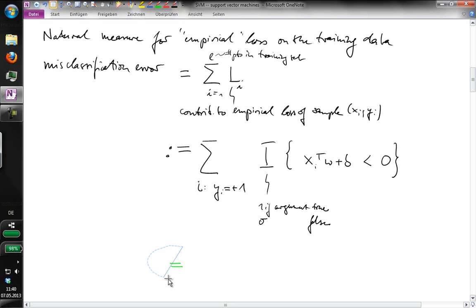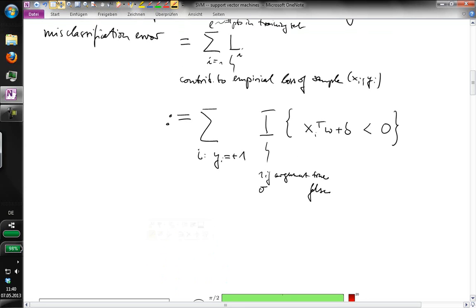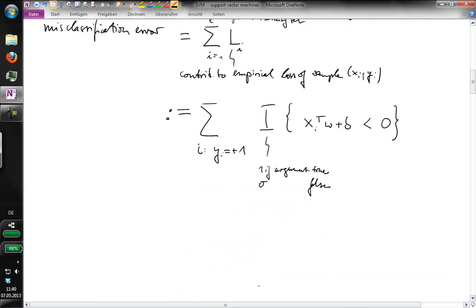Okay, well, actually, I need to also write it for the other class. So I need to have another term here. I'm also summing over all training points which truly belong to the negative class. And I'm asking if they are on the wrong side of the decision boundary.